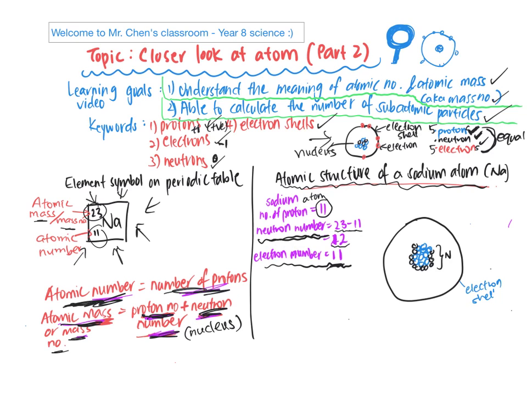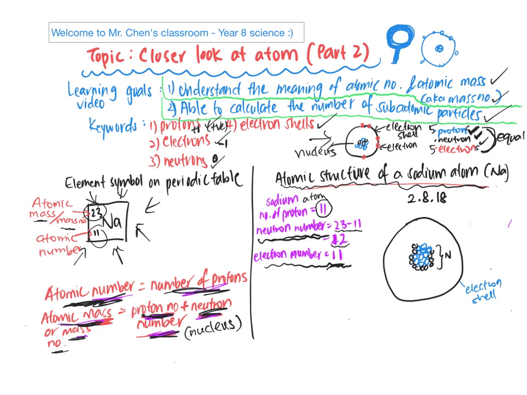Now it is not that simple to draw all 11 electrons in that thing. What you need to do instead is, there are actually a few layers of electron shells. So what that means is there is a rule to it. Alright, the rule is this: 2, 8, 18 is the rule.